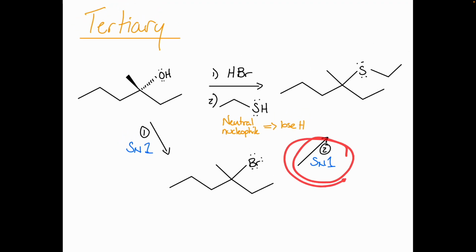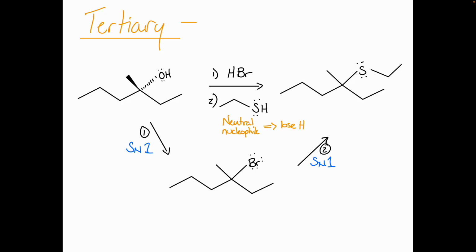Because this is an SN1 mechanism, what's my intermediate for those SN1s? Carbocations. And carbocations are about as good of an electrophile as you could possibly have, right? So now we have a really good electrophile, which means that our nucleophile doesn't have to be all that great. So we can use not only our strong nucleophiles, but also our weak nucleophiles for these reactions.